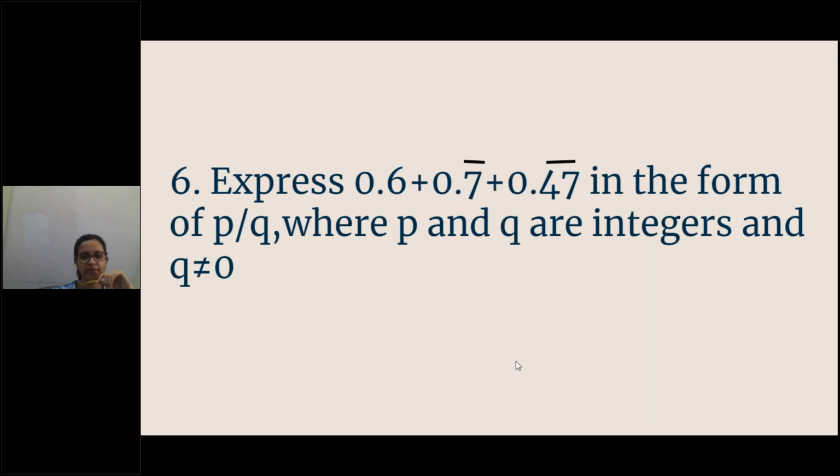Vasudha, if that's the final answer, no. Arushi, okay, but I want the final answer. Add all of that and give me the final answer. Shivesh, take the LCM and arrive at a final fraction.